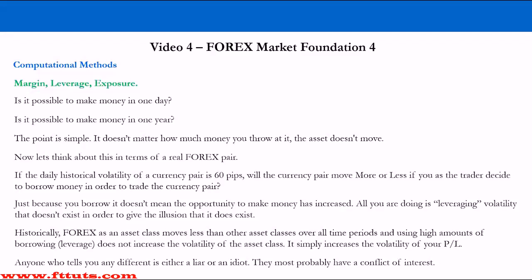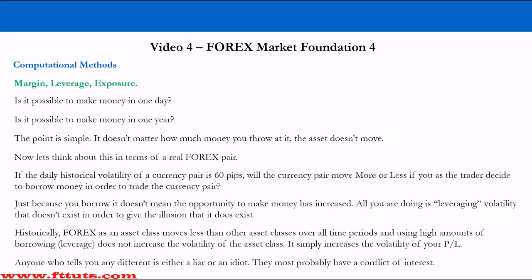Now let's think about this in terms of a real Forex pair. So let's say you work out that the daily historical volatility of a currency pair is on average 60 pips. Now, will the currency pair move in the future more or less if you as the trader decide to borrow money in order to trade the currency pair?